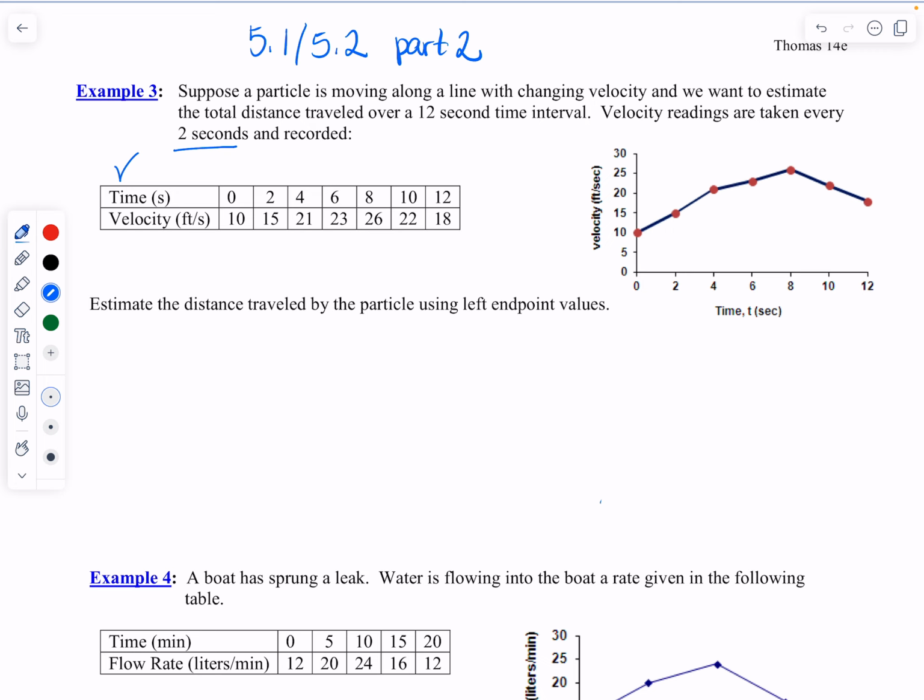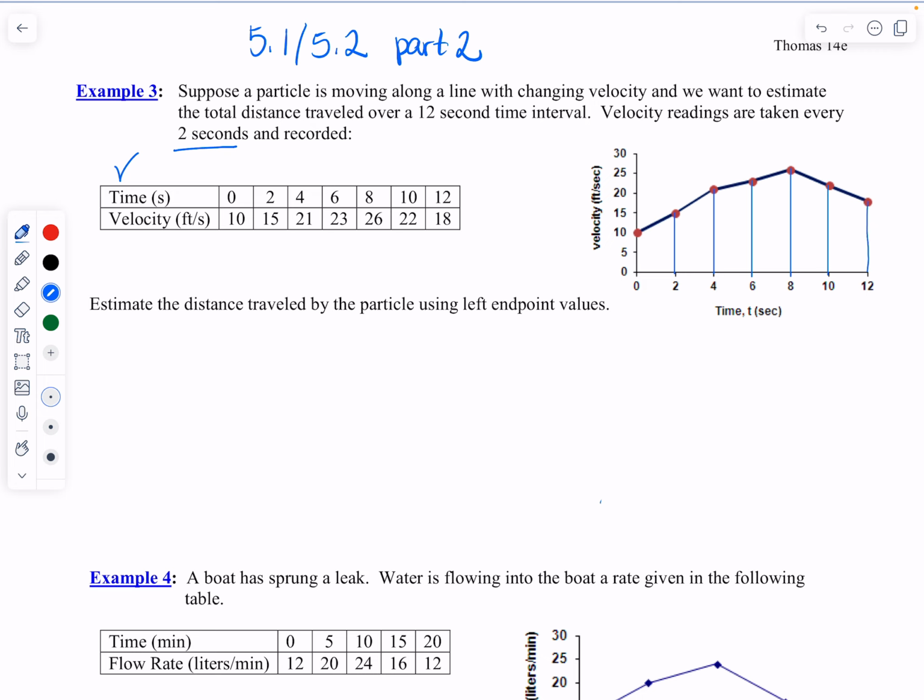If we look at the time, which is in seconds, we see that we're going from 0 to 2, 2 to 4, 4 to 6, 6 to 8, and 8 to 10. So I'm going to make the width of each of the rectangles equal 2, and we know that because that's when the readings were taken.